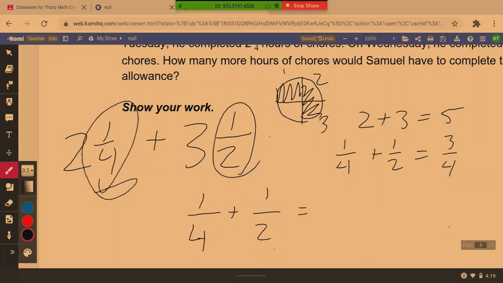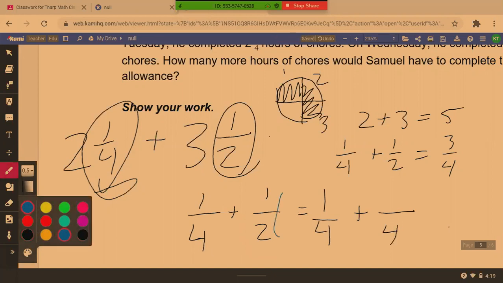So what would the common denominator be for 2 and 4? It's going to be 4. So I need to manipulate this fraction to get it to 4. I'm focusing on 1/2. I need to manipulate it to get it to 4. And that's pretty easy. 2 times 2 equals 4.